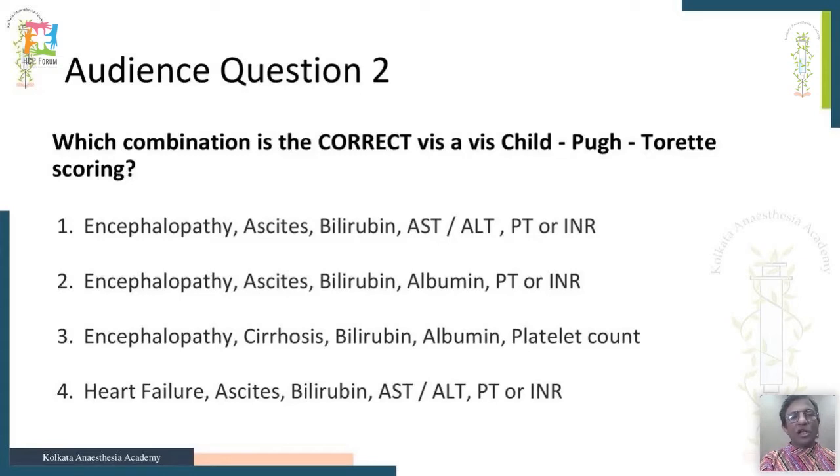Or encephalopathy, ascites, bilirubin, albumin, P time, or INR? Or encephalopathy, cirrhosis, bilirubin, albumin, platelet count? Or heart failure, ascites, bilirubin, AST, ALT, PT, INR? Which do you think is the most correct? Are all included in it?